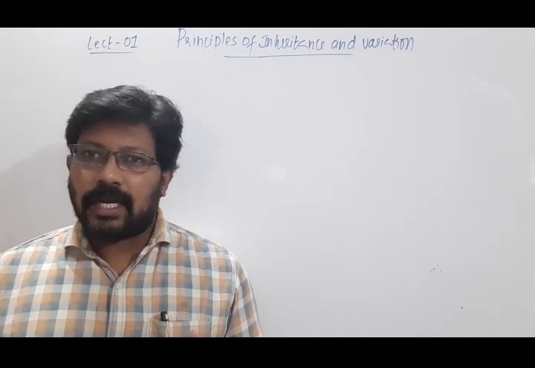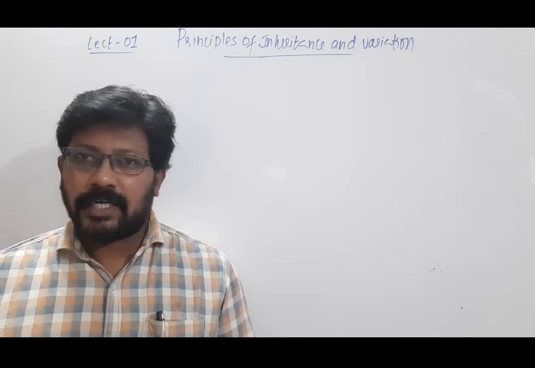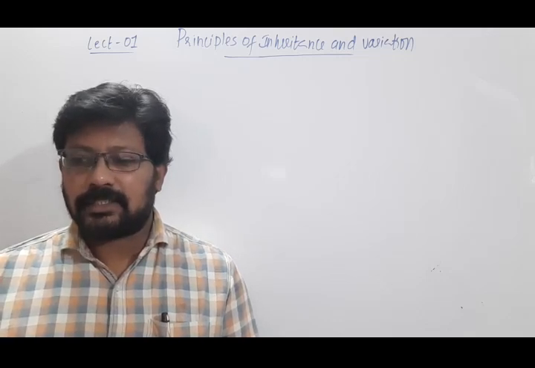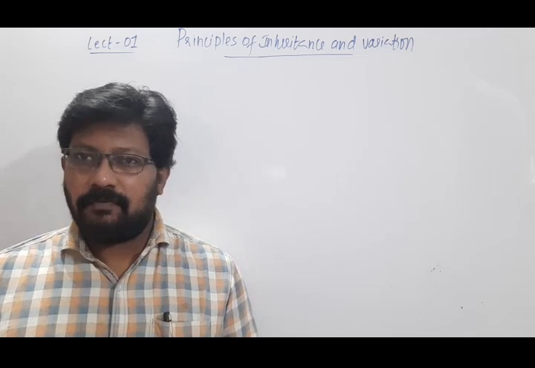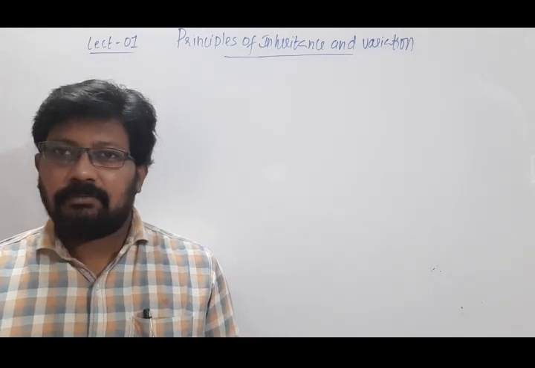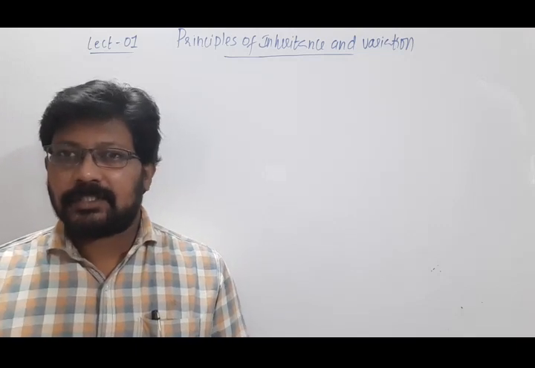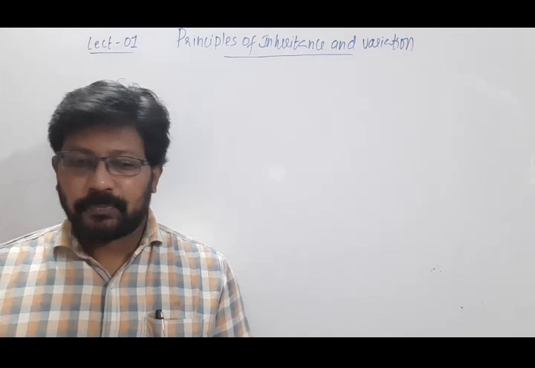From long back, many scientists tried to find out the inheritance of characters, but they failed. And the experiments conducted by Gregor John Mendel became successful, which I will discuss later.